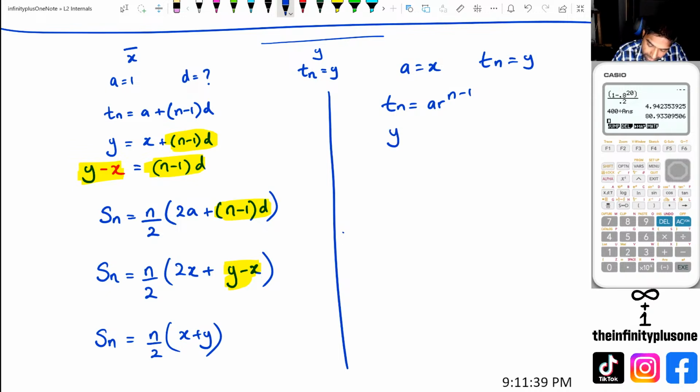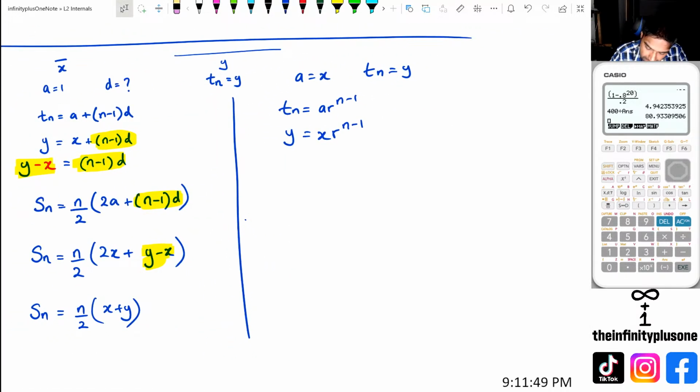So Tn is equal to y, a is equal to x, and then we get r to the power of (n minus 1). Now, when you look at the sum of a geometric progression, you're going to get a times (1 minus r to the power of n) divided by (1 minus r). That's a, not x. We need to get rid of this r to the n somehow.